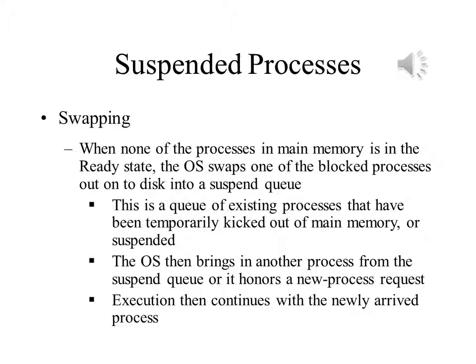This is a queue of existing processes which have been temporarily kicked out of main memory, or suspended. The operating system then brings in another process from the suspend queue, or it honors a new process request. Execution then continues with the newly arrived process.